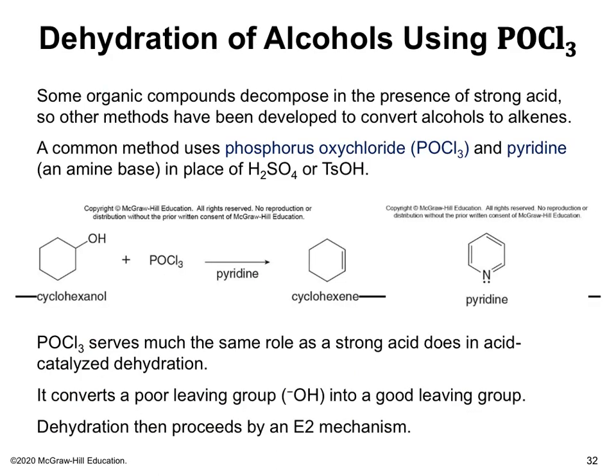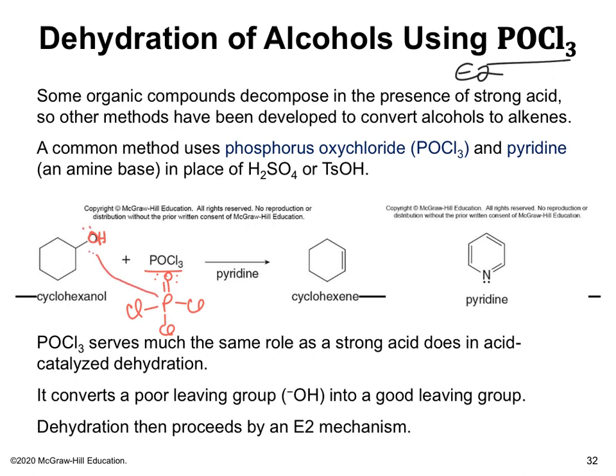Now, another way you can do it, then this is going to be an E2 mechanism. You can convert, in this case, the oxygen OH to like a phosphate leaving group. So phosphorus has an expanded octet because it has d orbitals, so it can have 5 bonds.